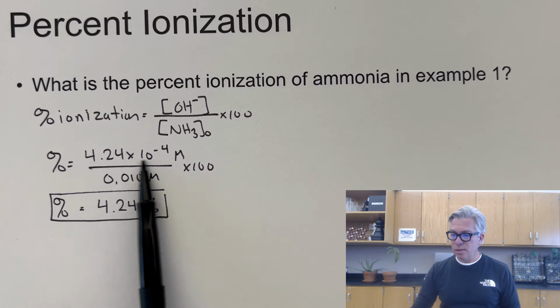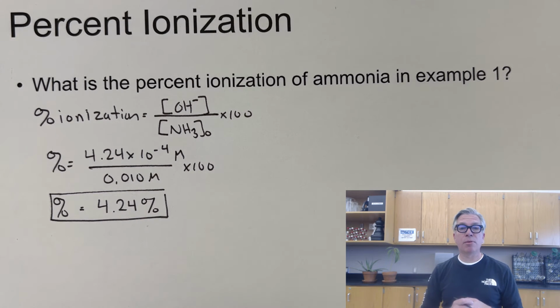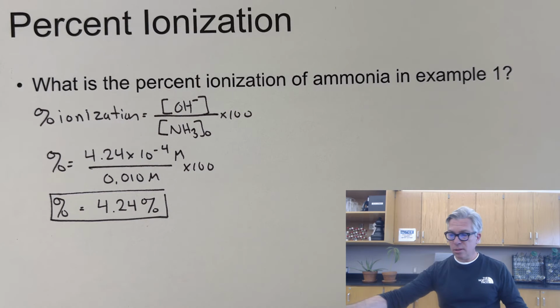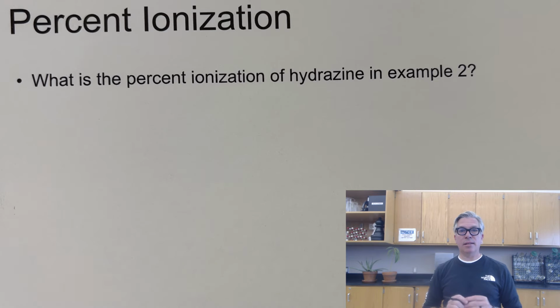And our x value was this, our original was that, and it turns out to be 4.24% ionized for the ammonia in example 1. And since you were extra awesome and did example 2 with the hydrazine, let's take a moment and maybe you can try finding the percent ionization for your hydrazine example in example 2.